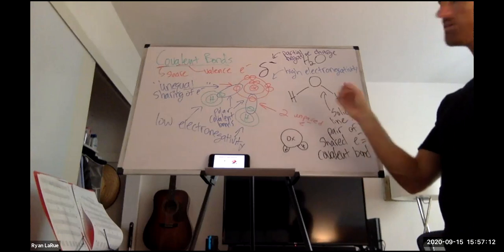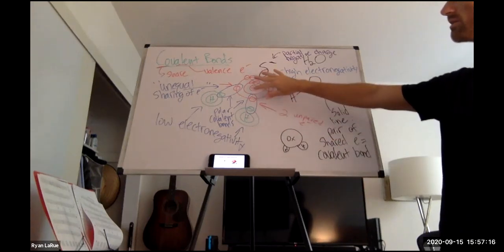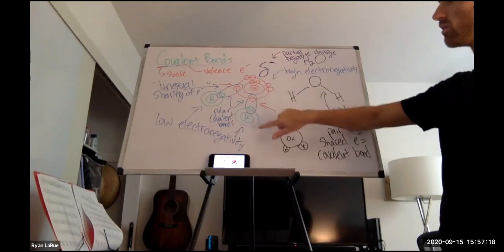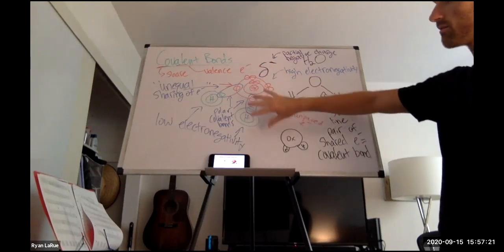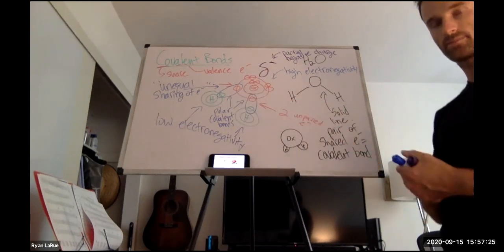So if sigma, yeah, correct, sigma is what it's called. So if these negative electrons are being drawn closer to oxygen, the negatives are further away from hydrogen, what charge is going to be given to the hydrogens?